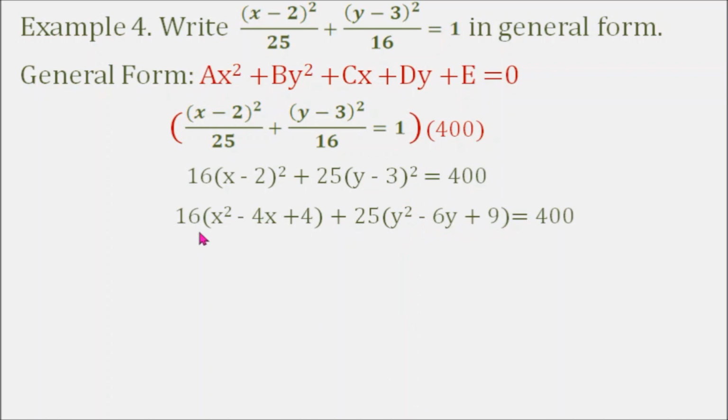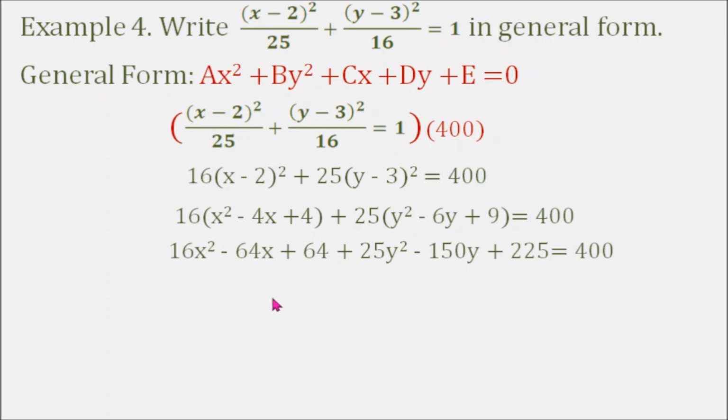Now we are going to apply distributive property of multiplication, that 16 times x squared is 16x squared. 16 times -4x, that's -64x. 16 times 4, that's 64. Then 25 times y squared equals 25y squared. 25 times -6y equals -150y. Then 25 times 9, that's 225.